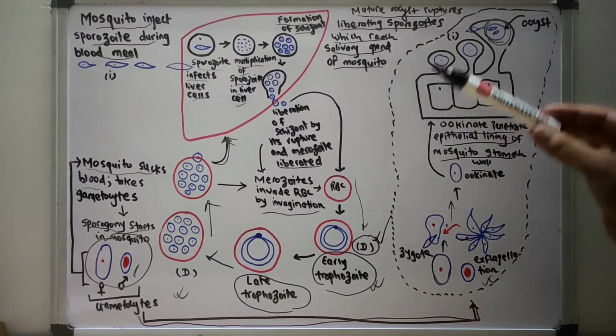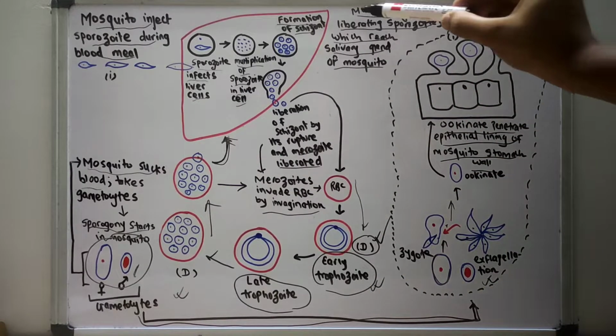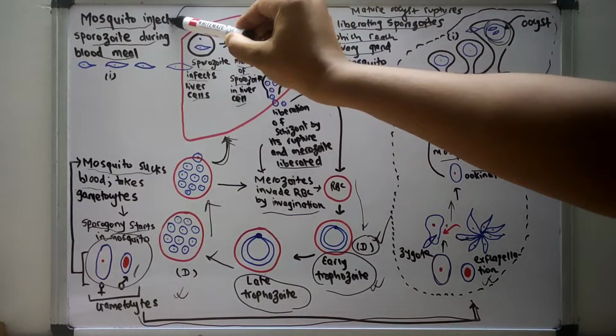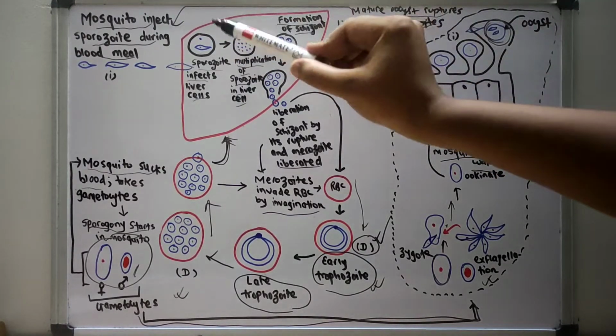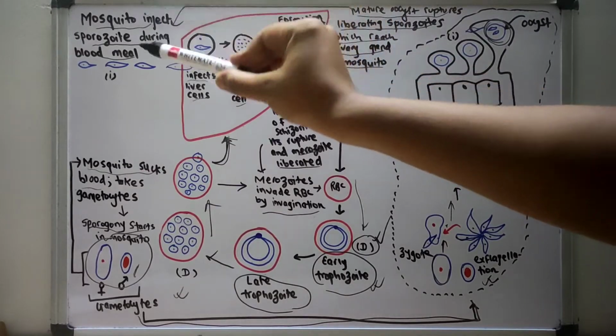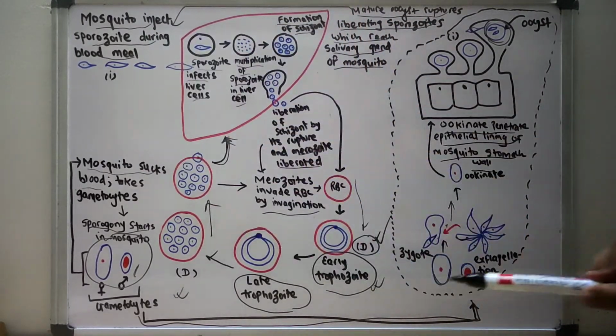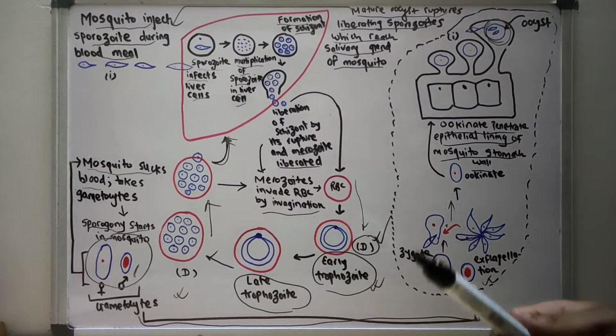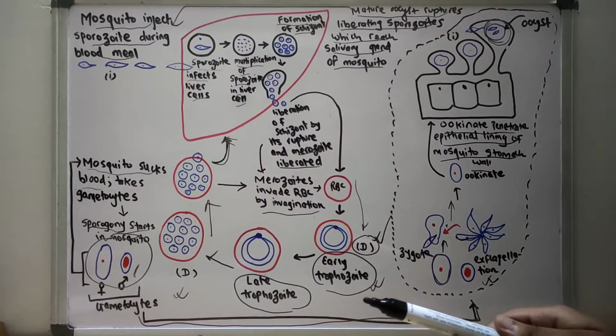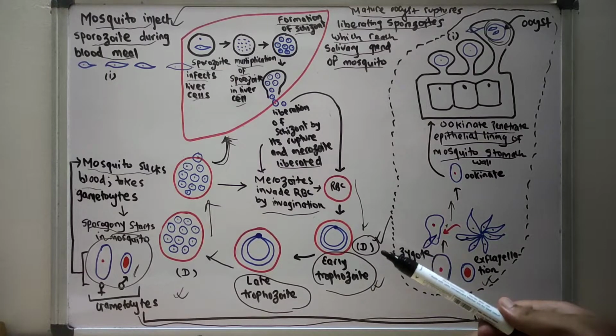When this infected mosquito sucks our blood, it injects the sporozoites during that blood meal, and the life cycle goes on and on. So this is the life cycle of the Plasmodium species, the malarial parasite.